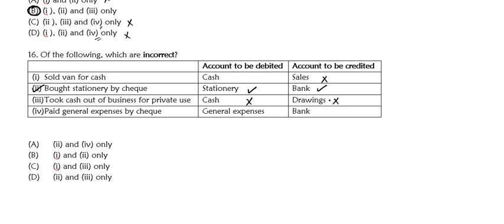So this is wrong. Paid general expenses by check, debit general expenses account, then credit bank. So this one is correct. So meaning that 1 and 3 are incorrect. So number 16, the answer is C.